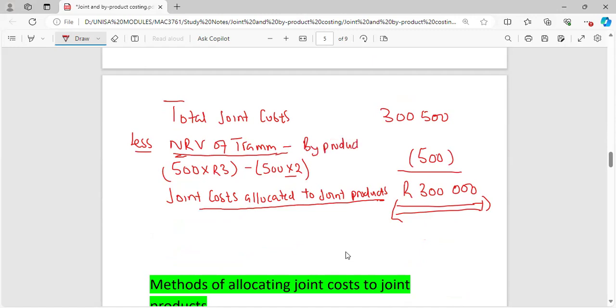If we had scrap, we also need to deduct the scrap. If it has been further processed, you need to determine the net realizable value of that scrap. But if it was sold before being further processed, then you can take the full figure. So the scrap, you are also going to deduct.